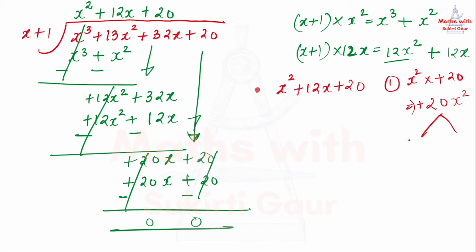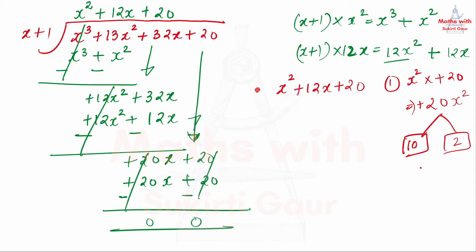We are going to split the middle term into two terms, right? So everybody tell me, how can we get 20? We can get 20 by 4 into 5, right? But with that, if we add 4 and 5, we are never going to get the middle term, that is 12x.